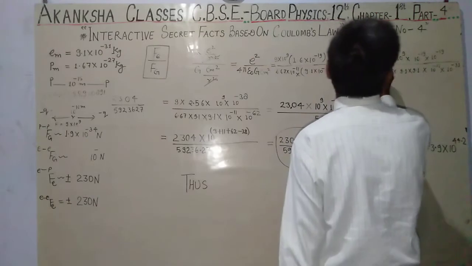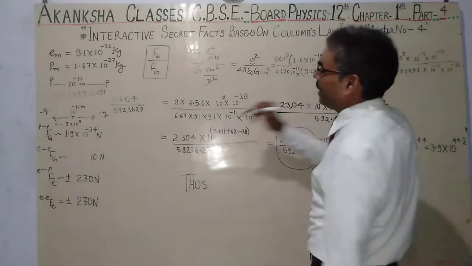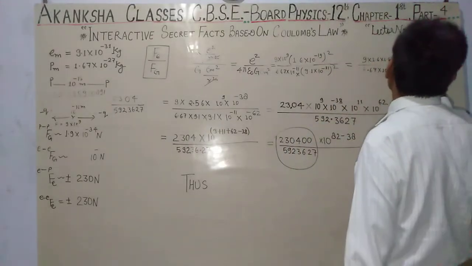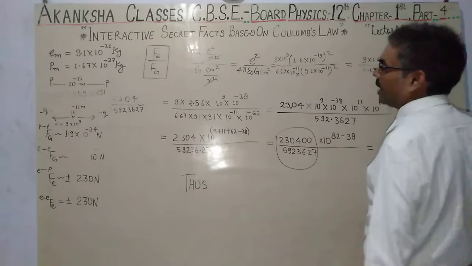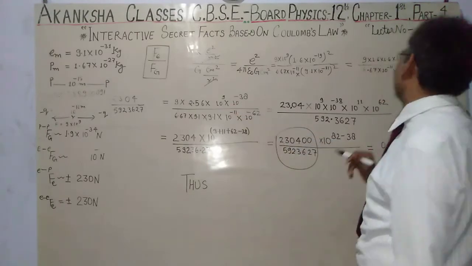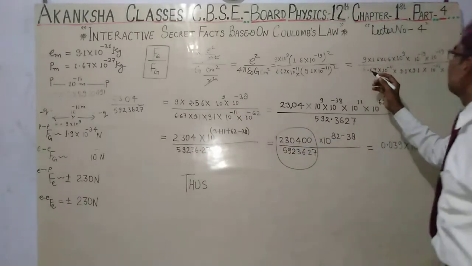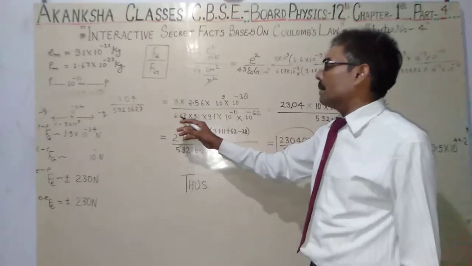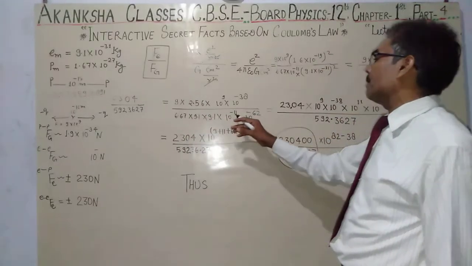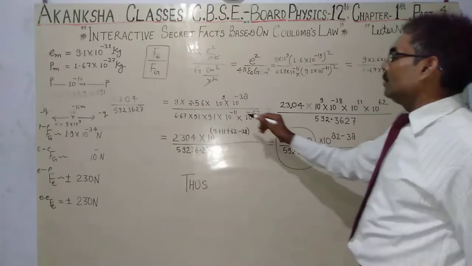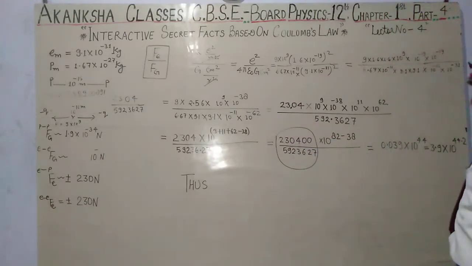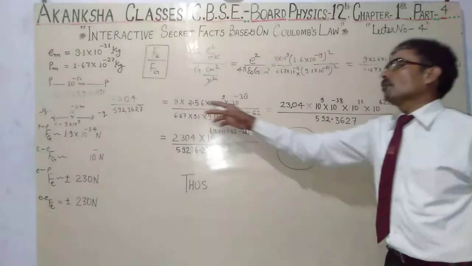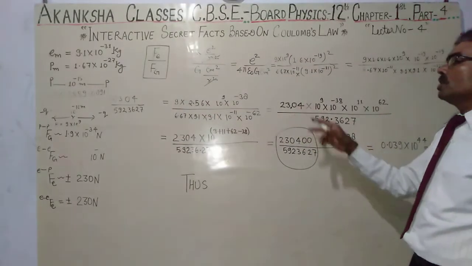When we multiply 9 into 1.6 into 1.6, we get 9 into 2.56, and by arranging them in proper order, 10 power minus 19 into 10 power minus 19 equals 10 power minus 38, upon 6.67 into 9.1 into 9.1 into 10 power minus 11 into 10 power minus 31, and plus minus 31 becomes minus 62. When we multiply 9 by 2.56, we get 23.04.